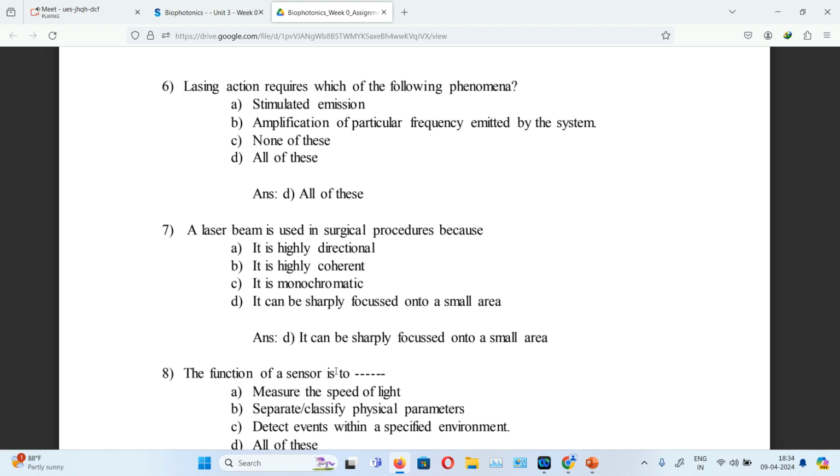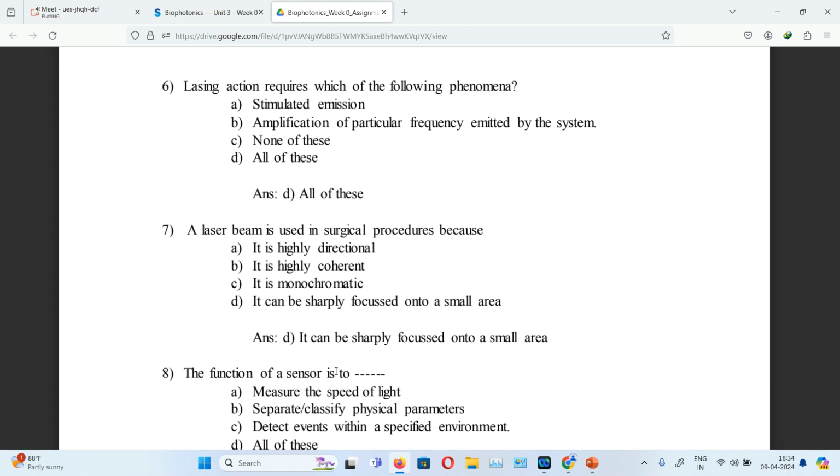For example, the eye is a sensor, and what it is detecting is light. Can it detect all the ultraviolet radiation? No, it cannot. It can only detect a particular wavelength region, which is called our range of visibility, around 400 nanometer to 700 nanometer, what we call VIBGYOR.